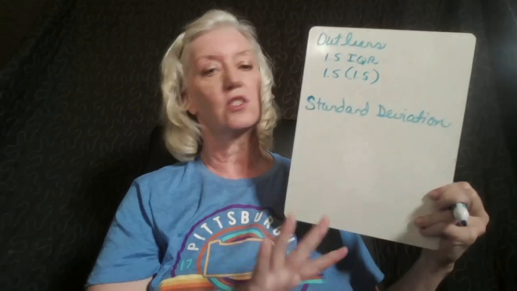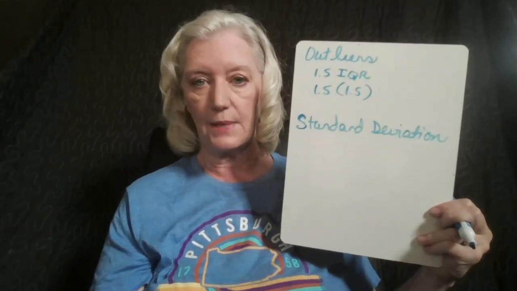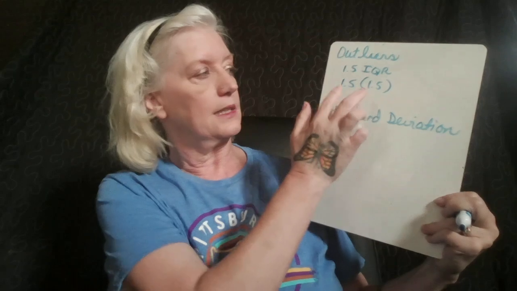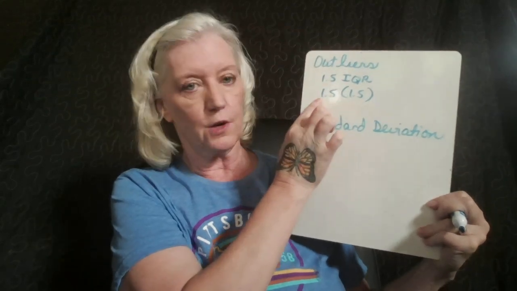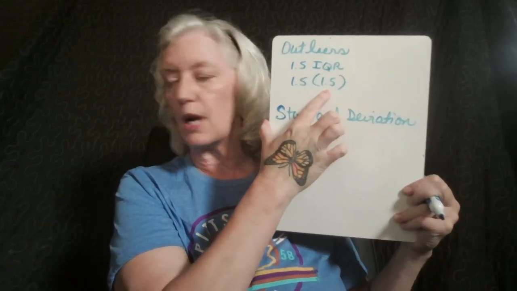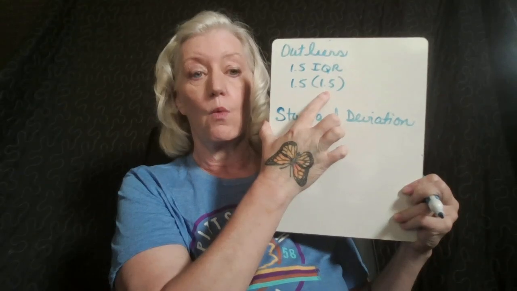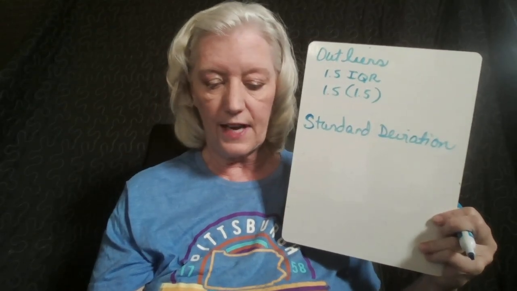That's a total coincidence. So we're going to be taking 1.5 times 1.5. Again, that's just a coincidence with the numbers I made up. It has nothing to do with anything that these are the same. 1.5 is part of the formula. My IQR in my problem ended up being 1.5 as well. So 1.5 times 1.5 is 2.25.